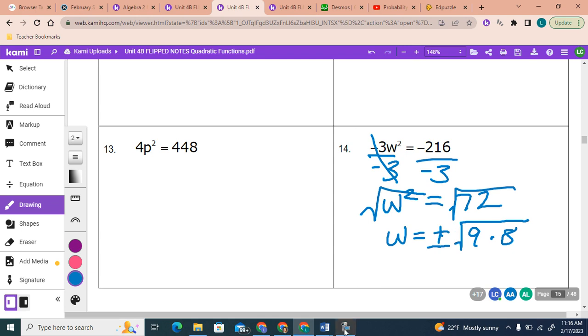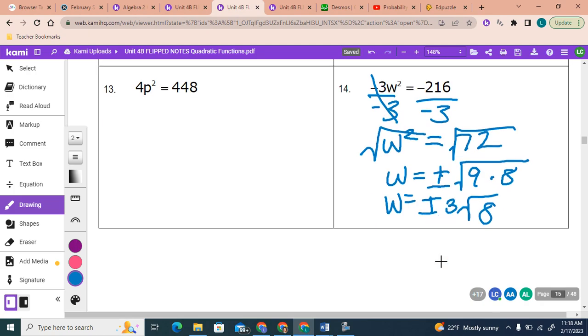All right, close over when you're ready for a stand. Ready? You do this. W equals plus or minus 3 root 8. That is not done. You always have to ask yourselves, can I break this down further? Why is this not done? No. Because what? 8 has a perfect square in it.